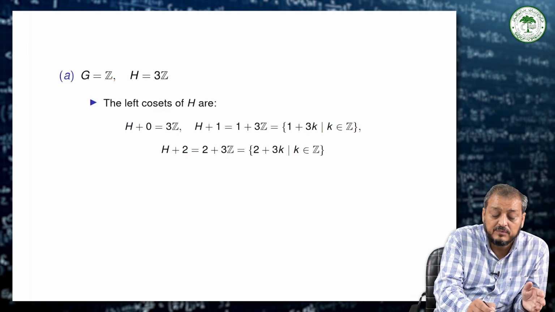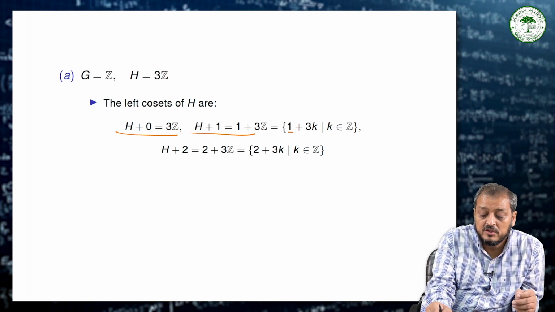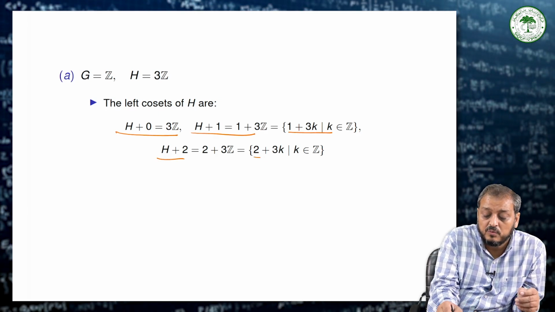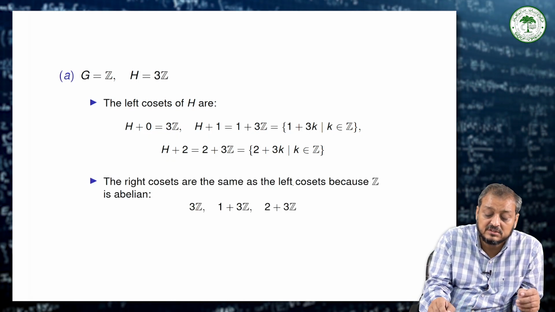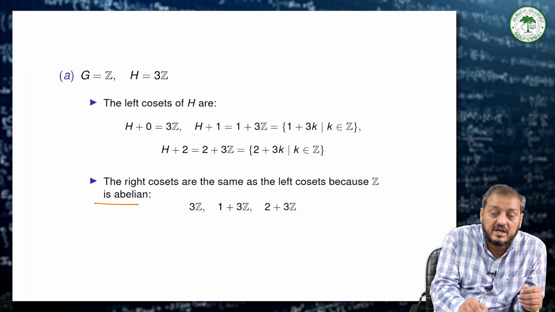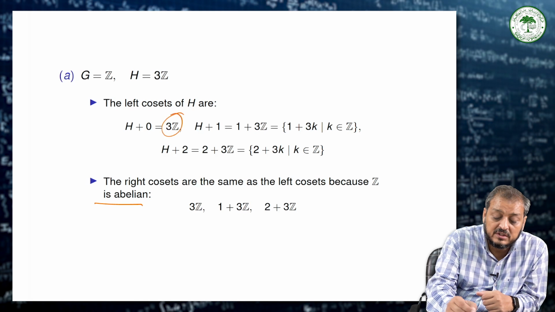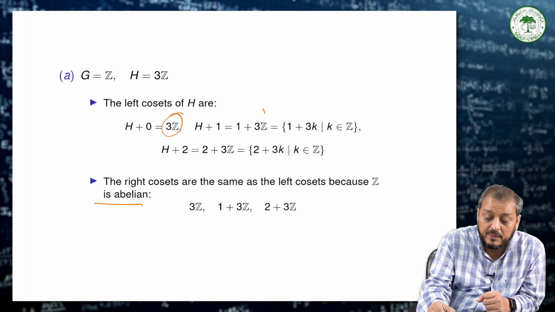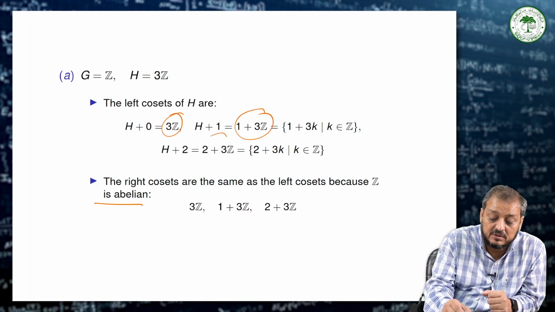Then H plus 0 is equal to 3Z, H plus 1 is of this form, H plus 2 is of the form 2 plus 3Z, and the right cosets are the same as the left cosets because Z is abelian. So there are only 3 cosets: 3Z, 1 plus 3Z, and 2 plus 3Z.